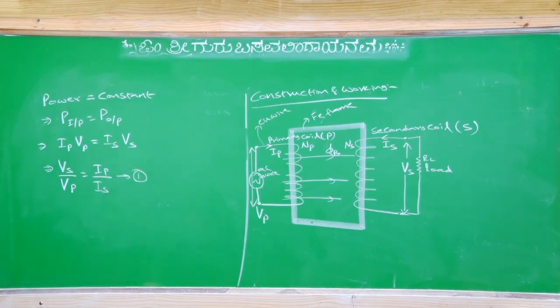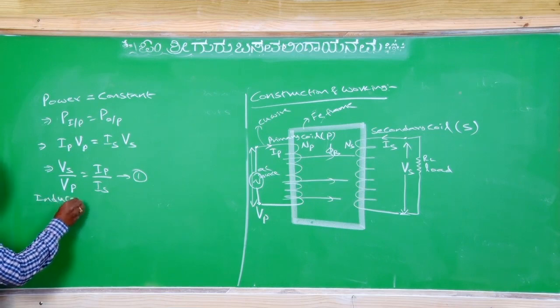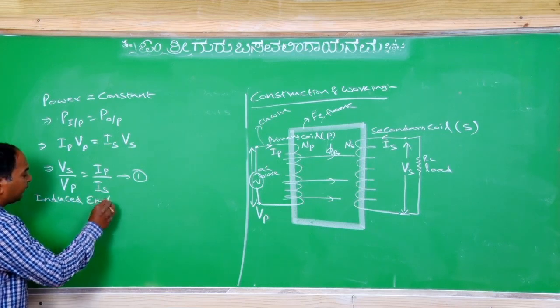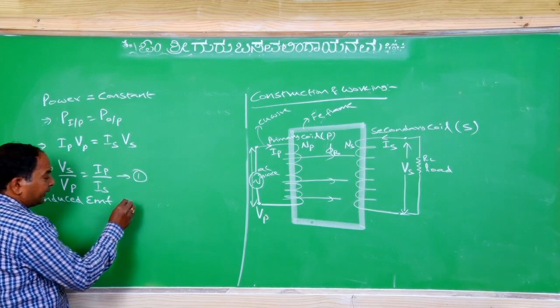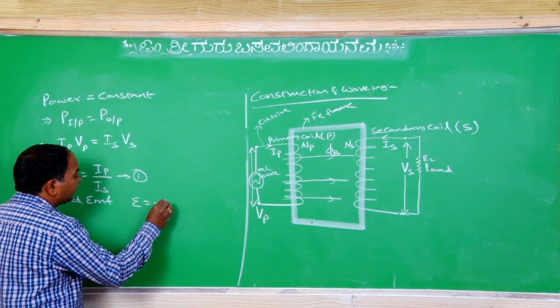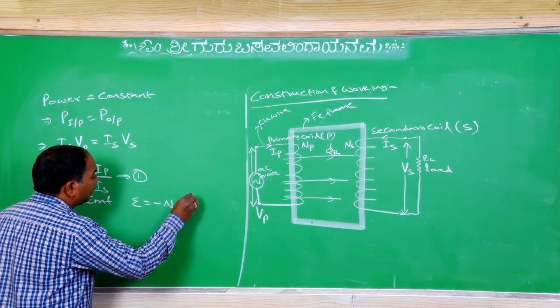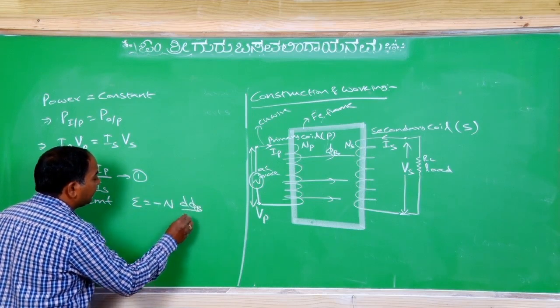Now, according to Faraday's electromagnetic induction, what is the induced EMF? The induced EMF is equal to minus N into d phi B by dt.